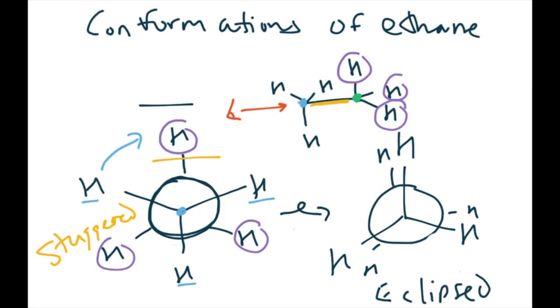I draw them just off to the side. Just slightly off. Because it wouldn't make any sense to draw them right on top of each other because it'd be hard to see. So when you draw the eclipsed conformation, you put the hydrogens really close together so that it shows that they're on top of each other, but you don't draw them right on top of each other.